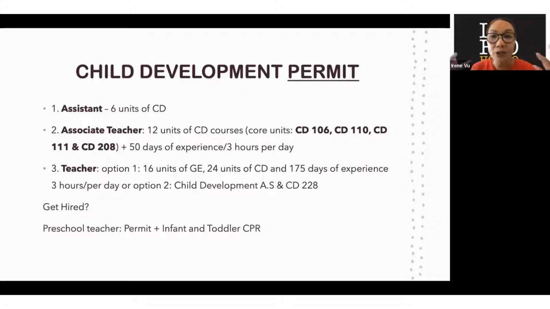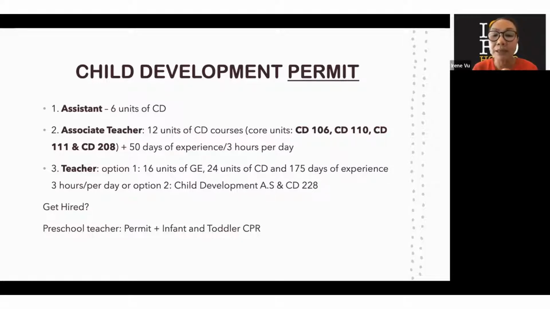Or if you decide to go with the certificate, you take the courses and you get the certificate. But what about the permit? After you finish, you can obtain a permit by applying with the consortium, and the consortium gives you a permit.